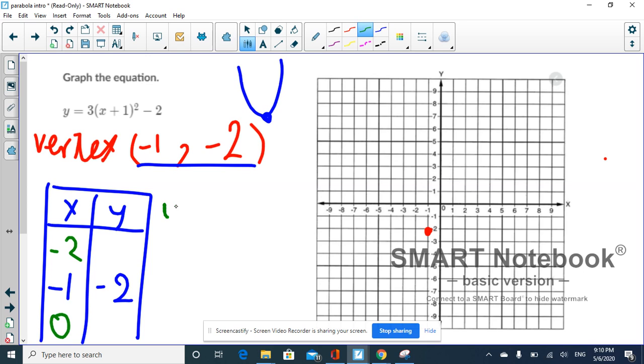When x is -2, y equals 3 times, we remove x and put (-2 + 1) squared minus 2.